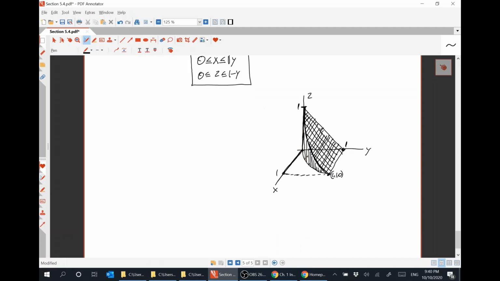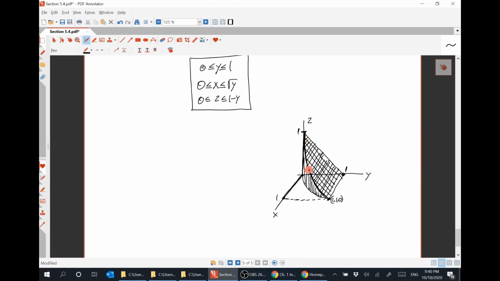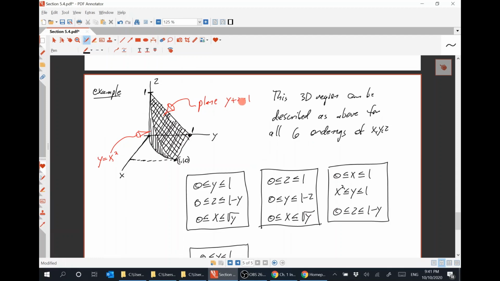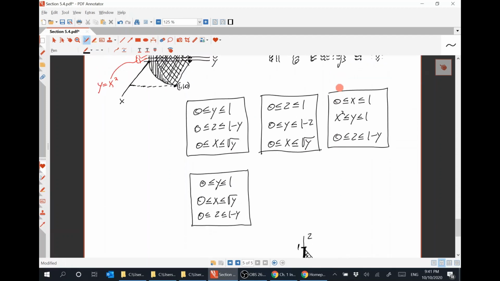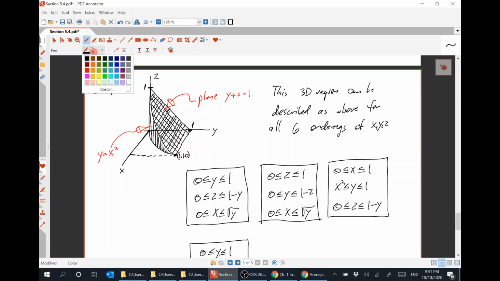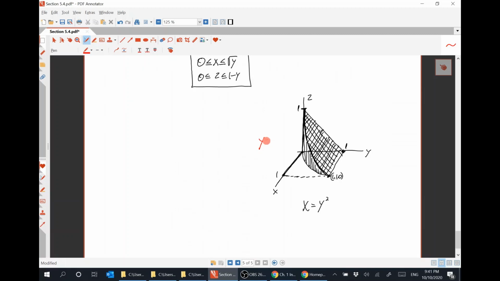Well, I've got this edge here, which is the intersection of the parabolic cylinder, y equals x squared, and the plane, y equals 1 minus z, this plane on the top.